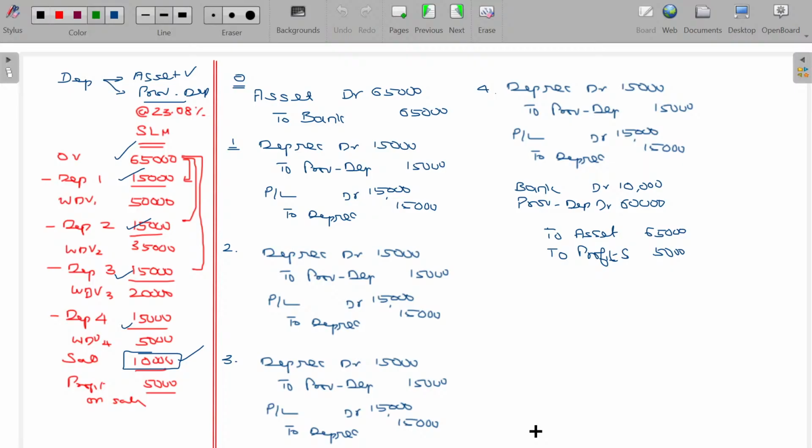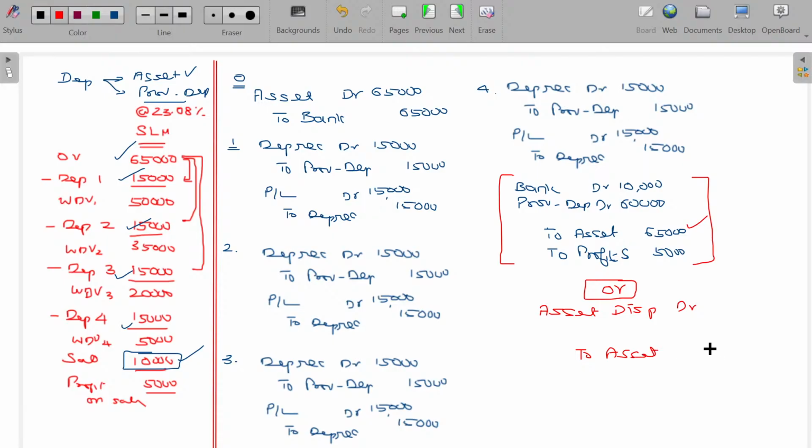In case you are preparing the accounts under the provision model, this also goes through the asset disposal account the other way, where the asset is transferred to the asset disposal account to asset account.